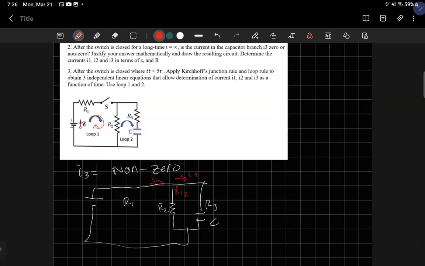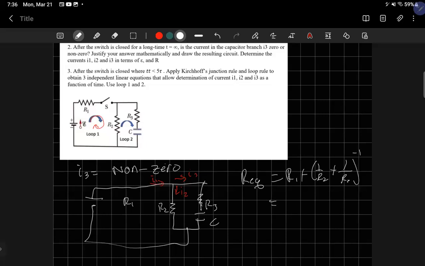So I should just be able to solve for the equivalent resistance. R equivalent should just be R1, and then these two that are in parallel, that would be 1 over R2 plus 1 over R3.